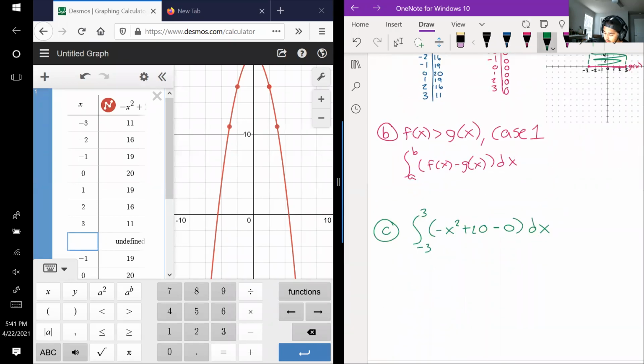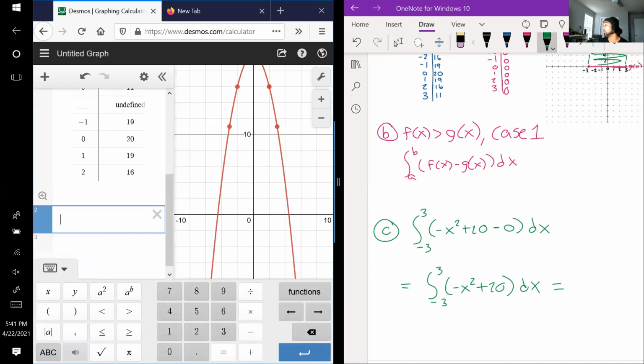And here, clean it up, we'll get the integral from -3 to 3 of just negative x squared plus 20 with respect to x. And we don't even have to find the antiderivative this time. Just take that integral and type it in Desmos or your calculator.